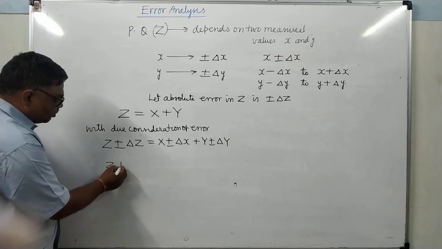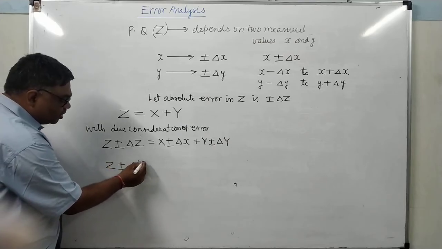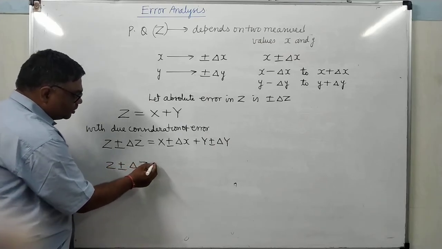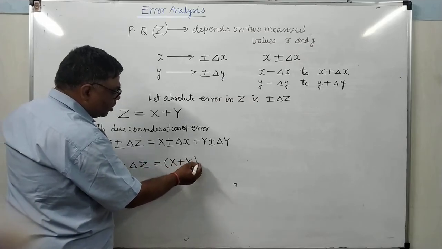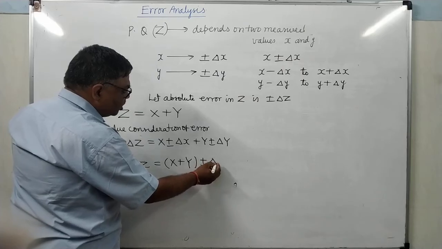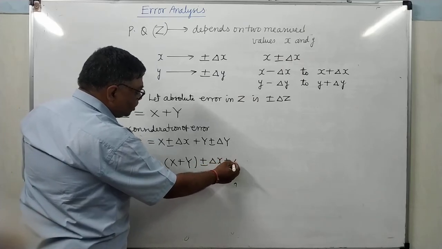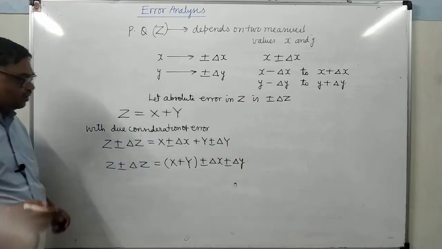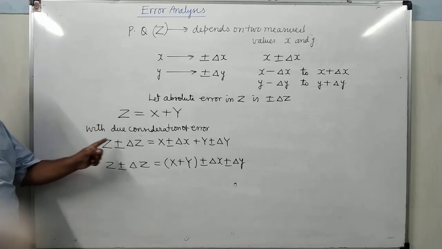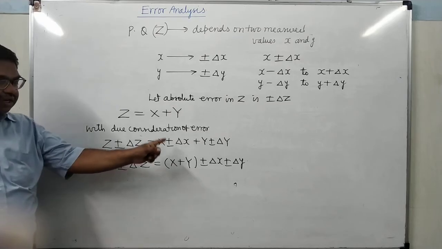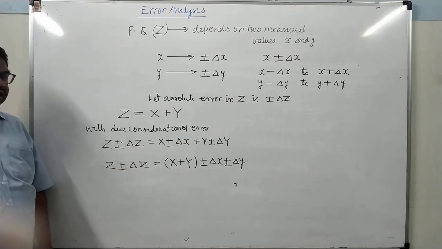So z plus minus delta z can be written with x and y together, x plus y plus minus delta x plus minus delta y. You can see here z equals x plus y. With due consideration of error, this relation will become this. Is it clear?